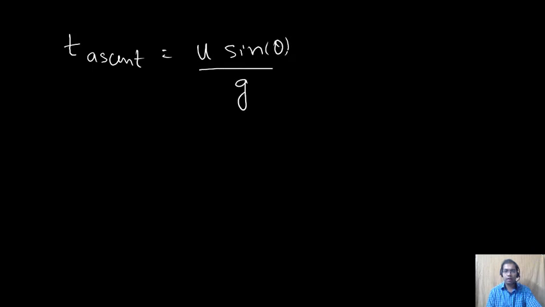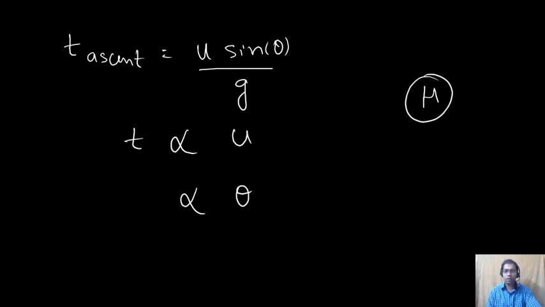So now if we see here, time of ascent is u sine of theta by g. Here also the time is dependent on initial velocity and the angle, because the angle will decide how high the projectile can go, and based on the initial velocity how high it goes also we have seen. Now the idea is to find the time to reach this particular height.